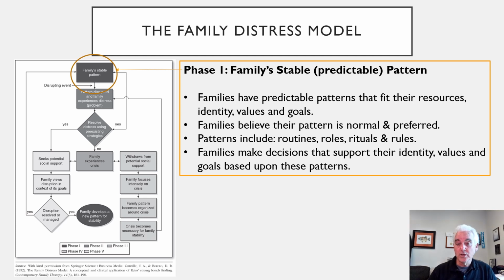The roles, who does what in the family, the rituals, the way the family does certain things, for example, birthdays or family discipline. And finally, the rules of the family. Now remember, those rules can be either spoken or unspoken. Spoken rules are things that have been said, and preferably in a family, written down, posted somewhere like the refrigerator.